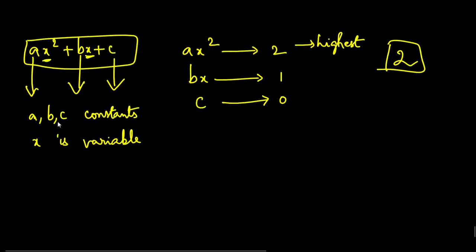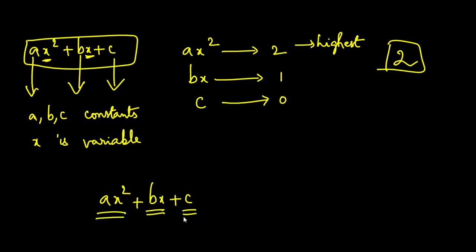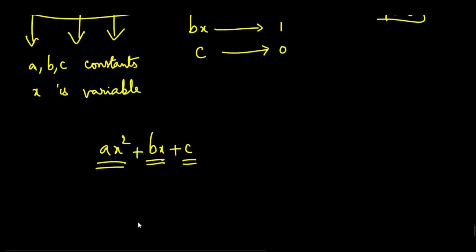If we consider a, b, and c also as variables, then the degree of these terms will be 3, 2, and 1, and 3 is the highest one.